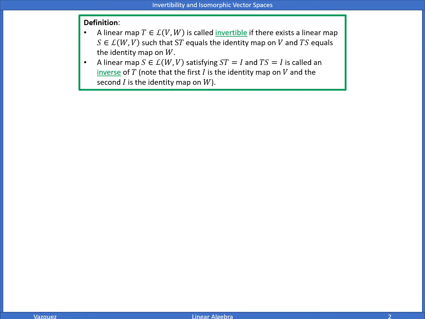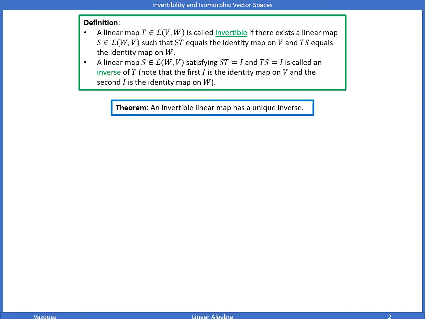Right? So a high school example I'm going to show, we're just going to show that the inverse of a linear map is unique. And just like any uniqueness proof, we suppose there's two and show that it's actually the same one.